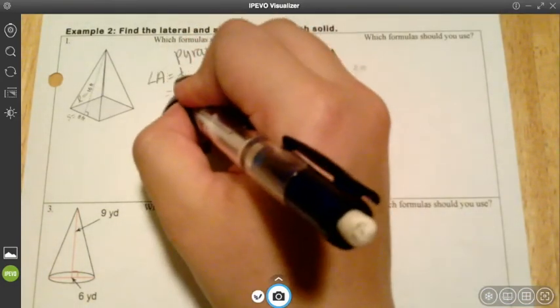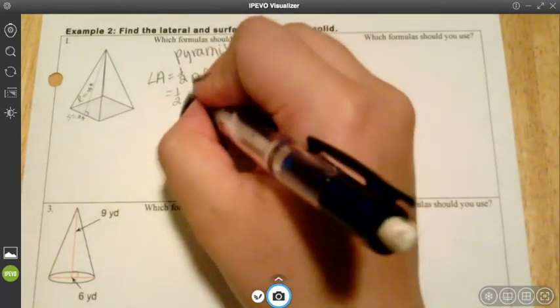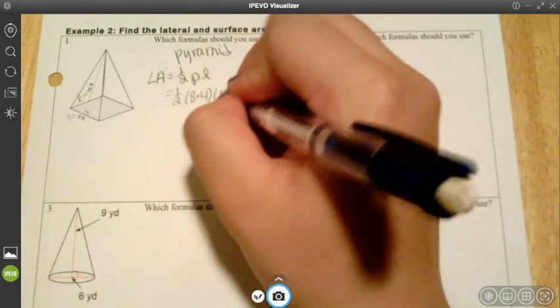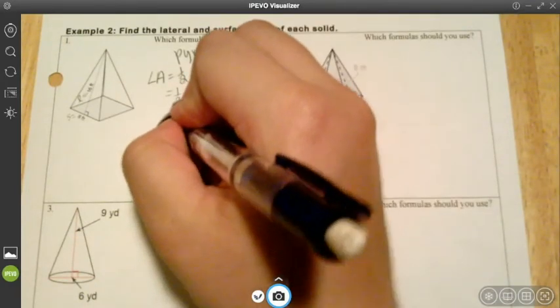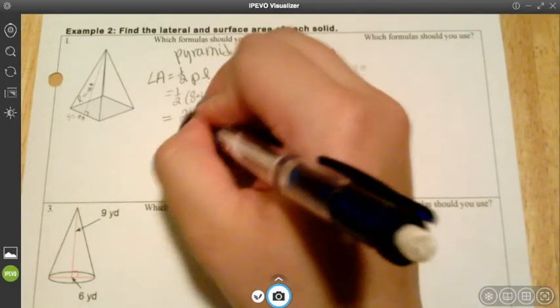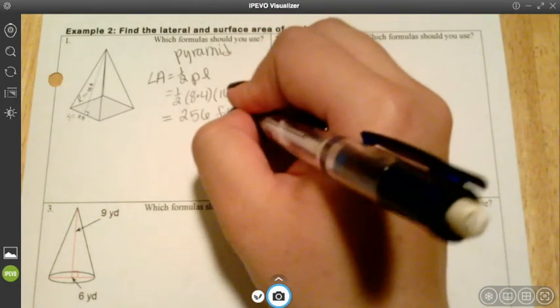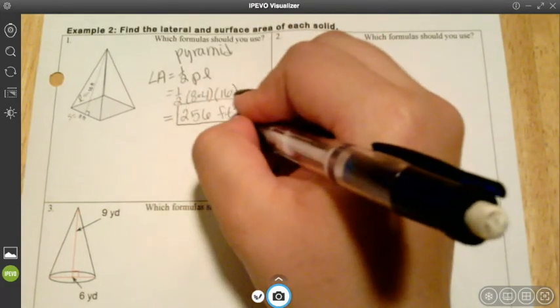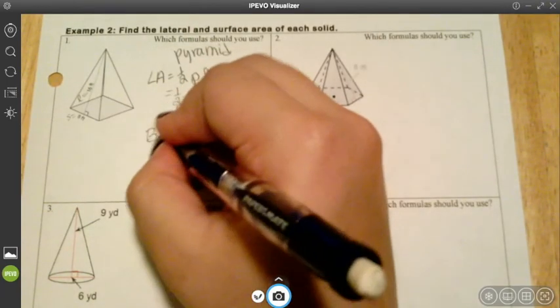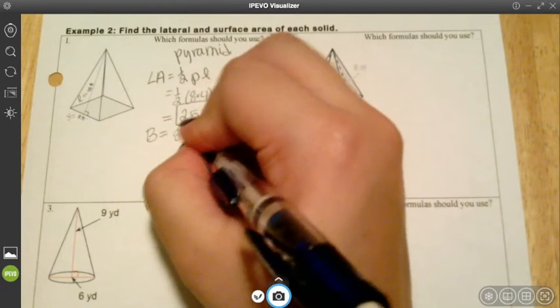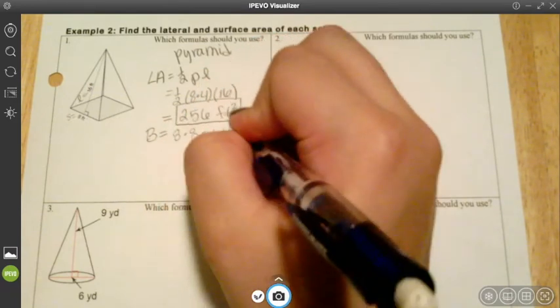Okay, so lateral area is 1/2 perimeter, that's 8 times 4, times slant height, which is 16. We can put that into the calculator to get 256 square feet. To find the base, it is a square, so that's going to be 8 times 8, which is 64 square feet.